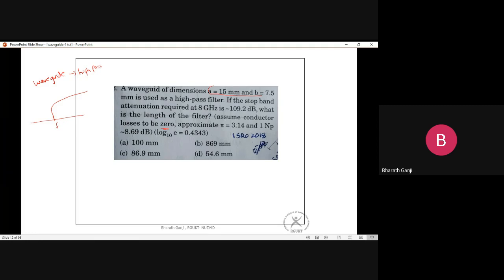Yes, you can calculate because they are saying that there are no losses. That means they're asking you to consider the complex propagation constant as your attenuation constant.